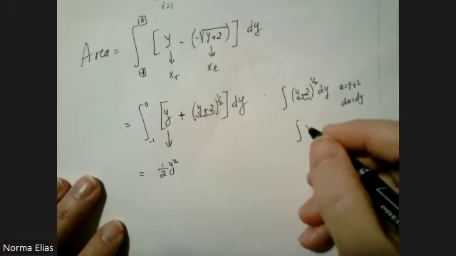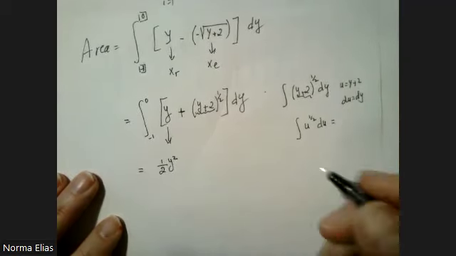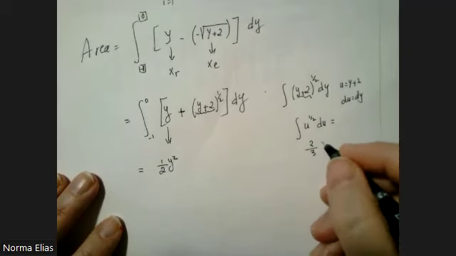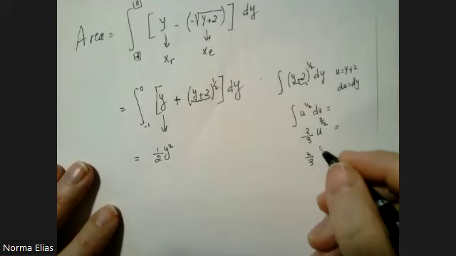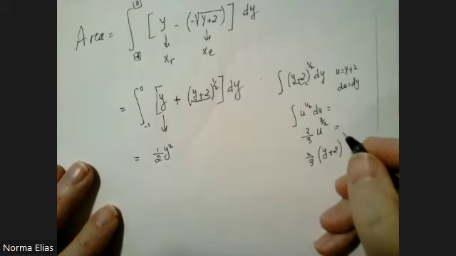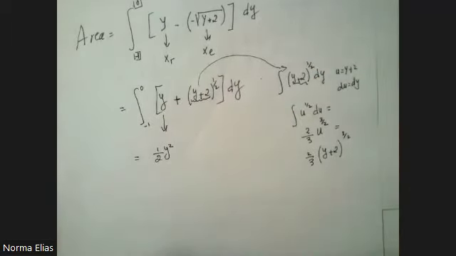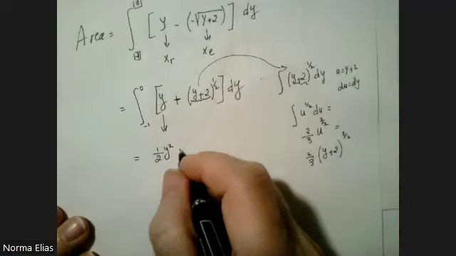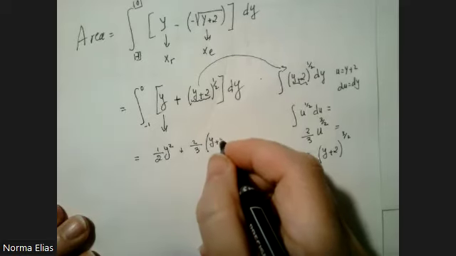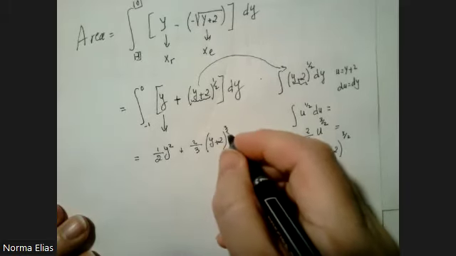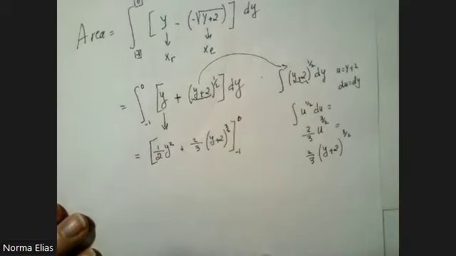So this would give me integral of u to the half du, which we've done many times. It means 2/3 u to the power 3 half. It means 2/3 y plus 2 to the power 3 half. So I isolated this one right here because it's different. So this would give me that plus 2/3 y plus 2 to the power 3 half, evaluated between -1 and 0.